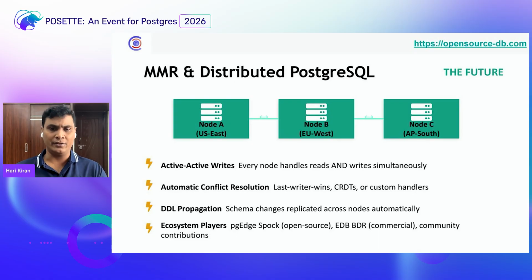Who is building it today? pgEdge with their open source Spock extension provides multi-master replication for community Postgres. EDB's BDR offers five nines availability, and the Postgres community itself is contributing foundational pieces: conflict detection in PG18, sequence replication, failover slots that are building towards the future in core, right?